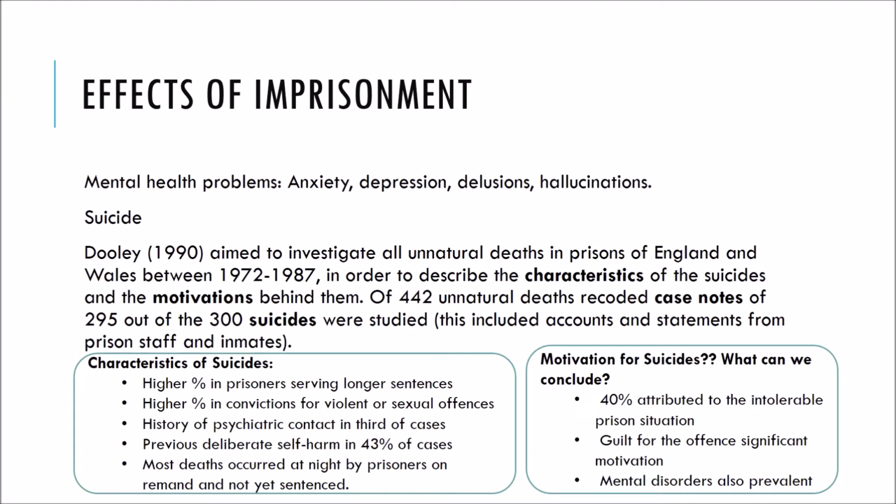Just from the ones that were selected, those who were convicted of violent or sexual offences had psychiatric contact, in other words they'd sought mental health support. In a third of cases they had self-harmed in the past, and a lot occurred at night by prisoners who were on remand, so they'd been sent to prison but they'd not yet received their full sentence, so they were awaiting sentencing. And why do they commit these suicides?